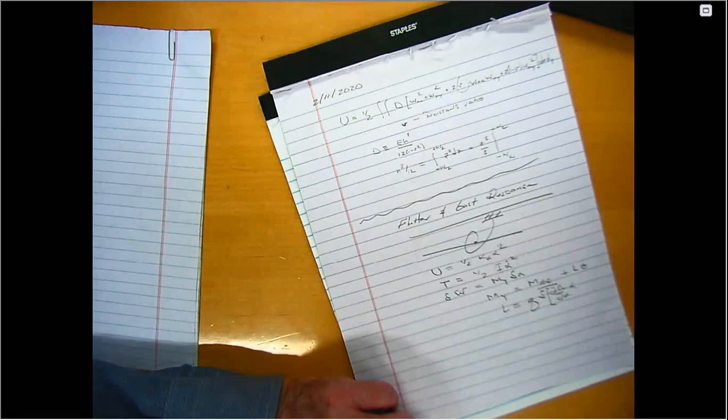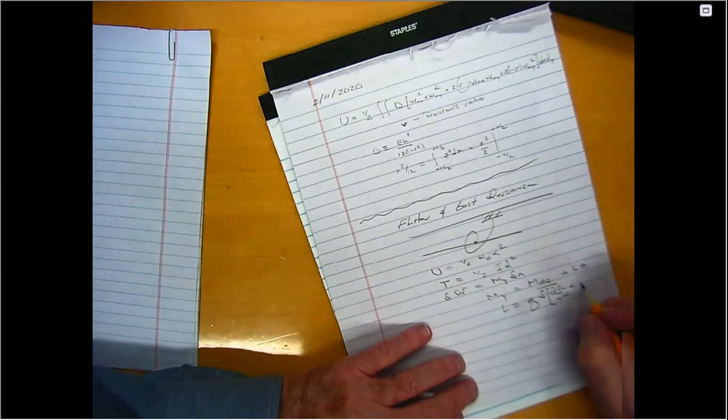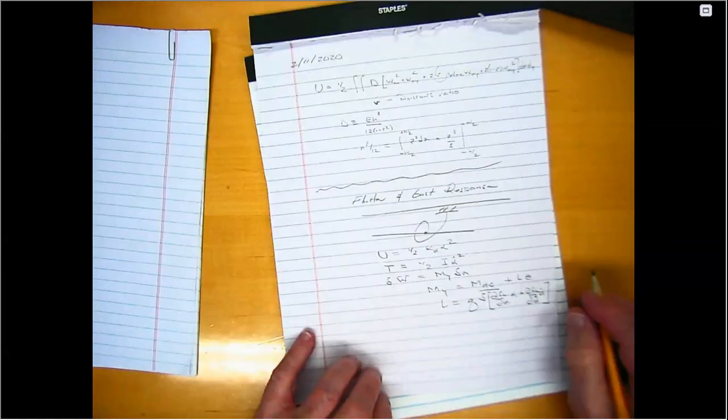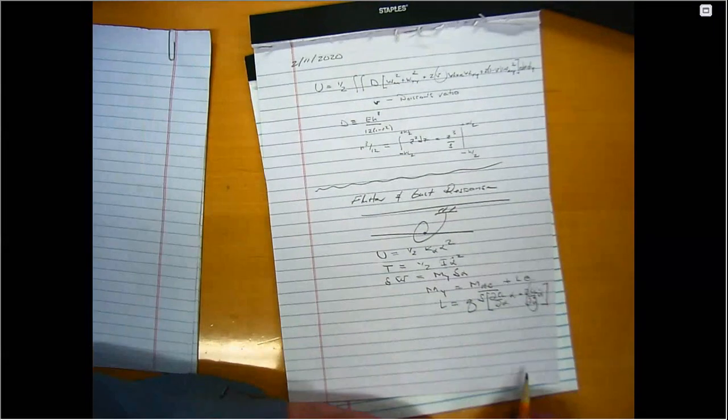Actually, formally, it depends on alpha dot, alpha double dot, and so forth. But we'll use the simplest extension, dCl d alpha dot times alpha dot. And this term will make all the difference.